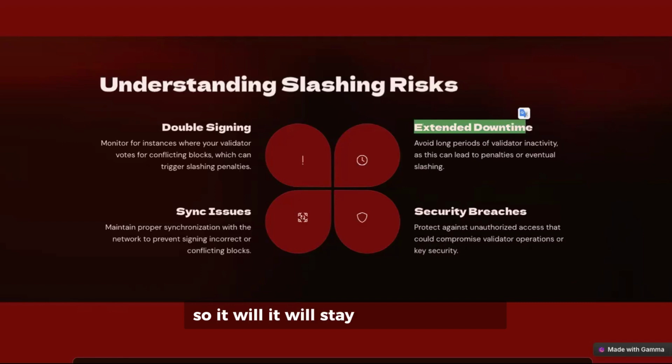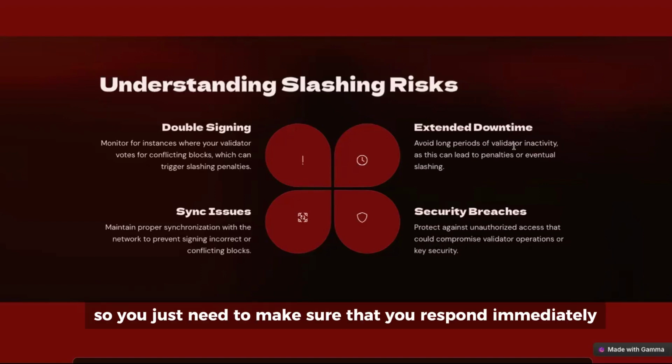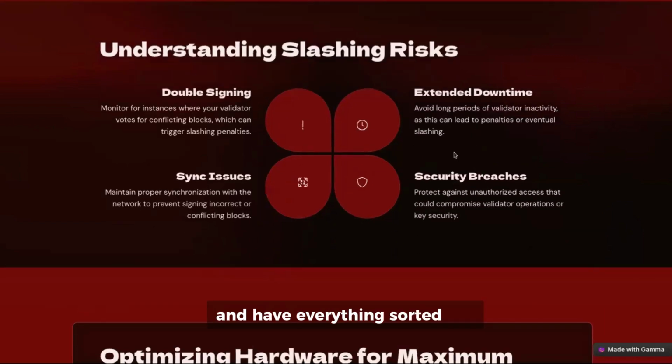It will stay for some time, but you need to make sure it doesn't last too long, because once it stays offline for too long, that's where you would be slashed. So you just need to make sure that you respond immediately and have everything sorted out.